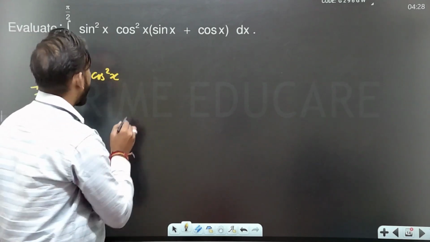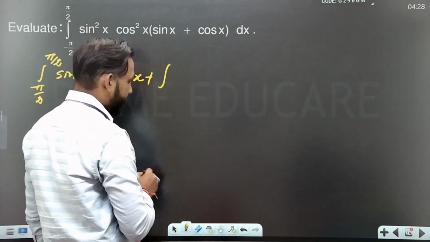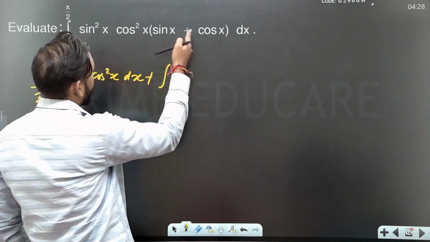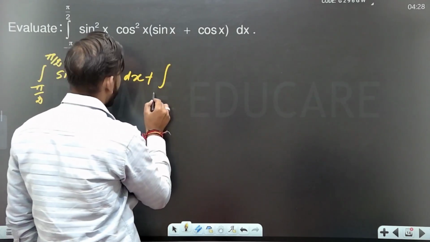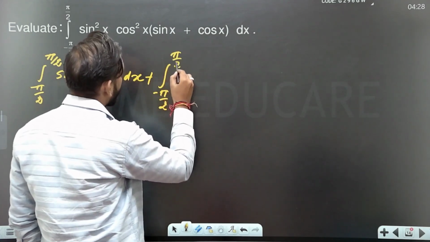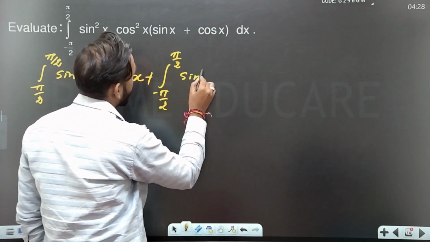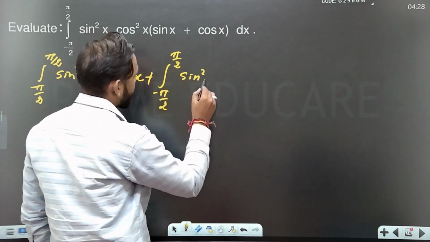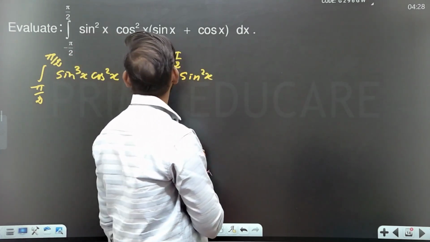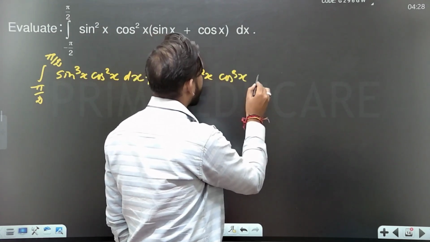Okay, and again, if we multiply by this, we have the integration from minus pi by 2 to pi by 2 of sine square x and cos cube x dx.